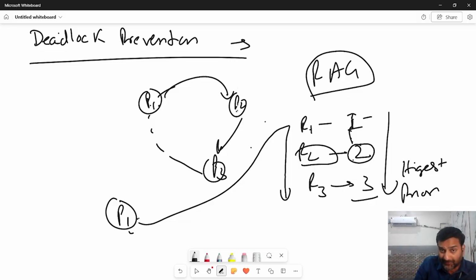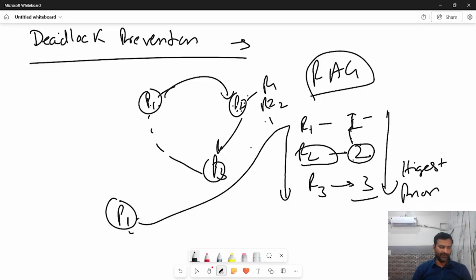Suppose P2 is holding R3, so it cannot demand R1, because we need to provide P2 in increasing order of priority. It must first need R1, then R2, then R3. In this way, the resource allocation graph will depict that there is no situation of deadlock.